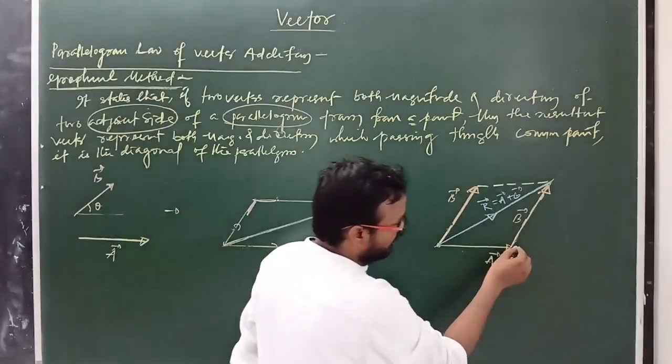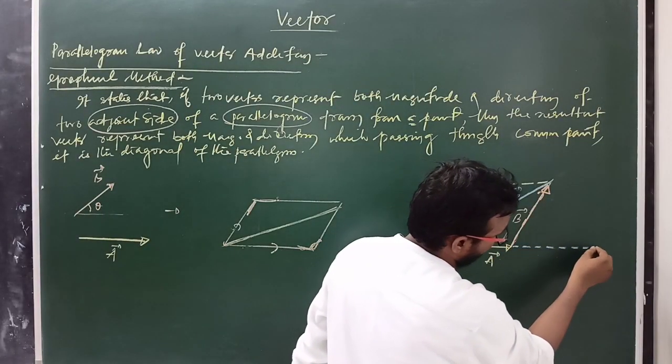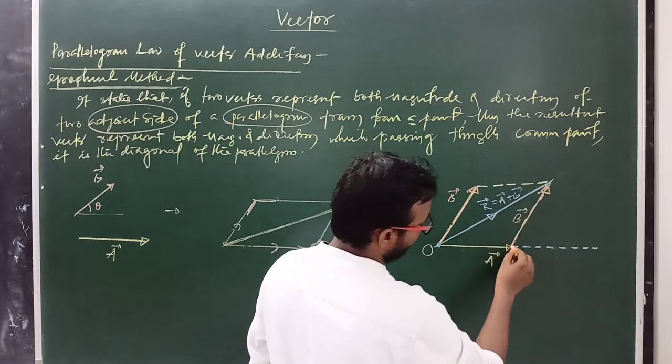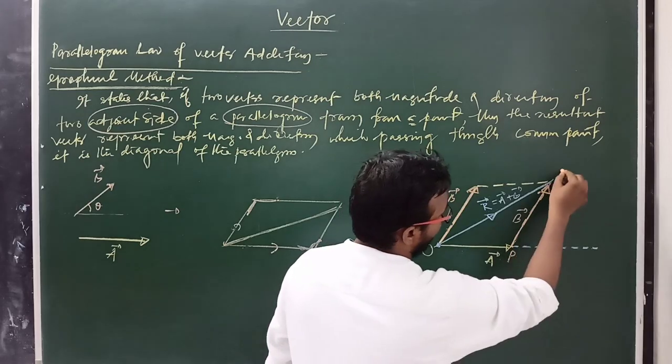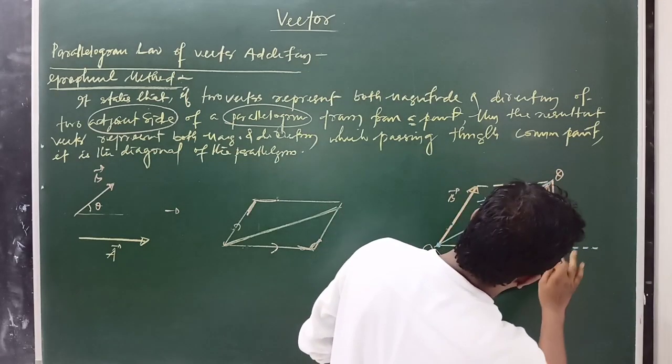Clear? And if we extend this vector, it gives the direction. Suppose this point is O, this point is P, and this point is Q, and draw a perpendicular here.